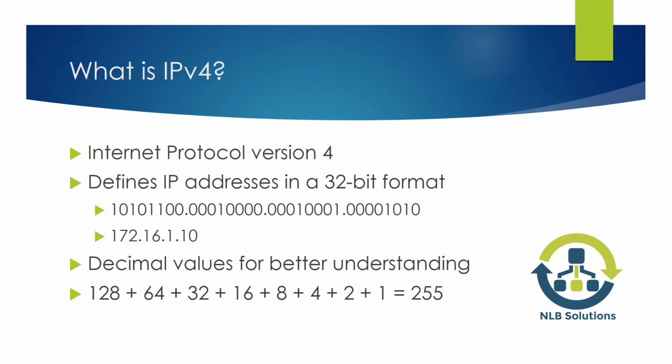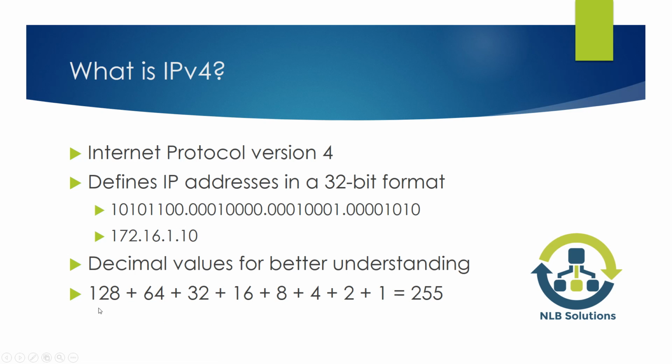So you can see that in here the first bit is enabled, which stands for 128. The second one is disabled. The third one is enabled, which stands for 32. Then the fourth one is disabled, the fifth and the sixth are enabled, the seventh and the eighth are disabled.